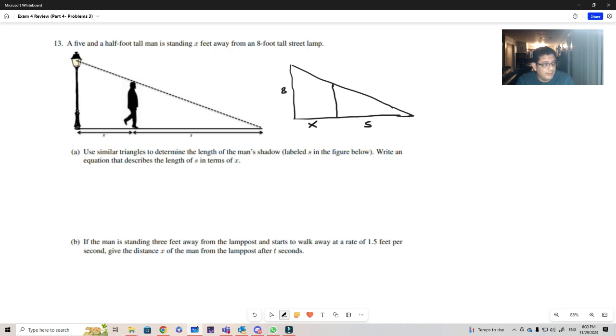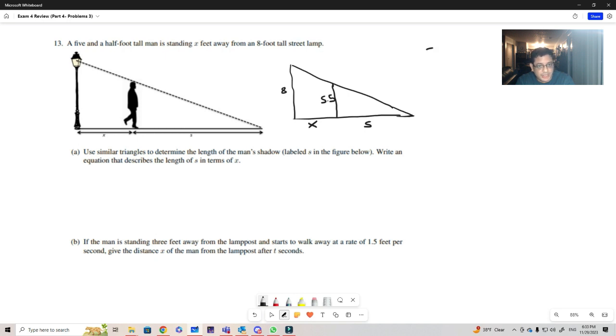So we don't know the quantity that the man is going to measure, right? And if we assume that this is a 5.5 foot man, then we can say that this quantity here is going to be 5.5.